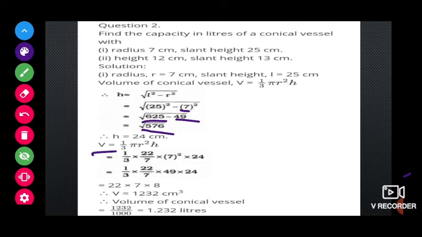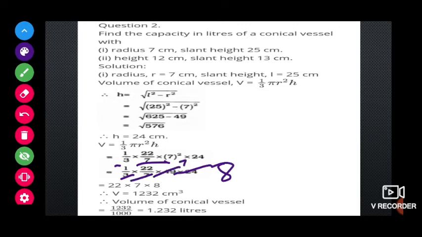Now volume is equal to 1 by 3 pi r square h, that is 1 by 3 into 22 by 7 into r square, 7 into 7, into 24. Now with the 3 table, 3 eights are 24, and 7 ones are 7. So what else is there? 22 here and 7 into 8.